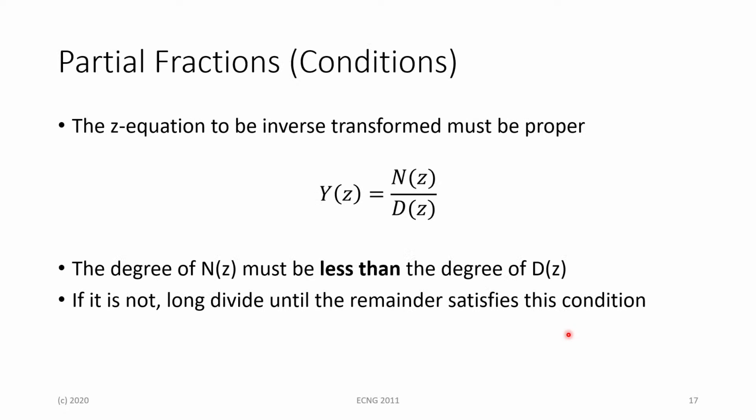So before you actually start doing this, the Z equation needs to be of a proper form, where the degree of the numerator must be less than the degree of the denominator.